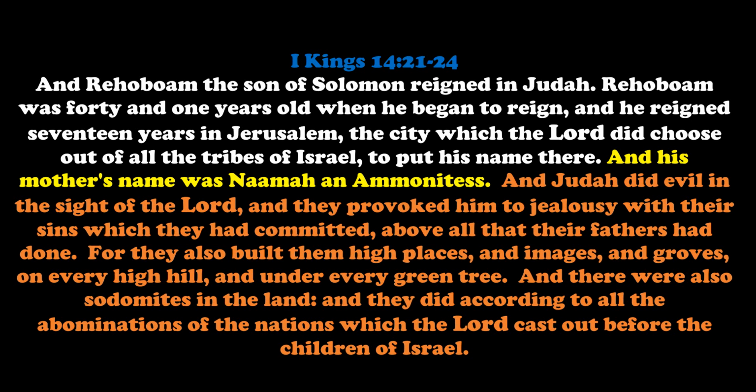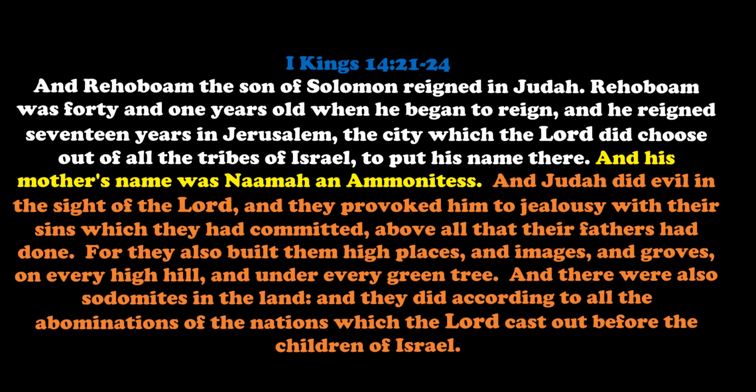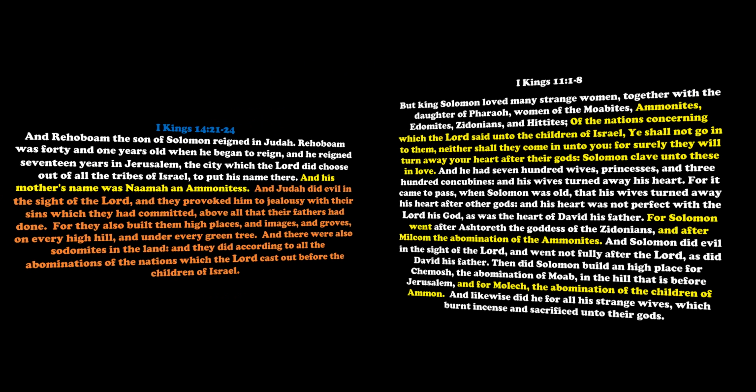That's an important point. Now remember what the Bible said about the Ammonites. The Bible says Solomon loved many strange women together with the daughter of Pharaoh, women of the Moabites, Ammonites, Edomites, Zidonians, and Hittites. The Ammonites are listed there, and it says, "These are the nations concerning which the Lord said unto the children of Israel, Ye shall not go into them, neither shall they come unto you, for surely they would turn away your heart after their gods."